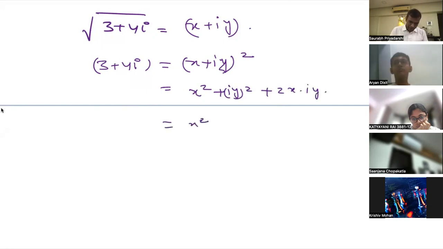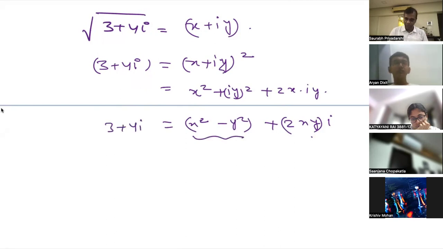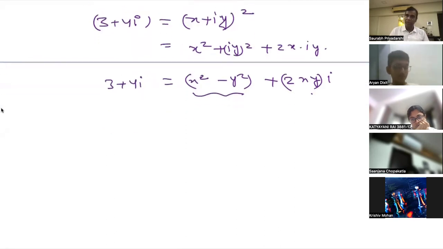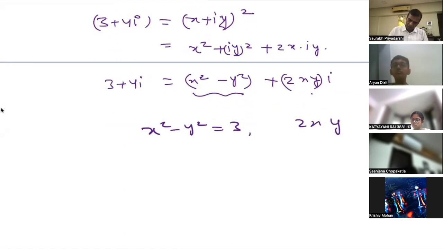This will be x square minus y square plus 2xy into i. Comparing real part with real part, and imaginary part with imaginary part, the real part is x square minus y square is equal to 3. The imaginary part is 2xy is equal to 4, right?